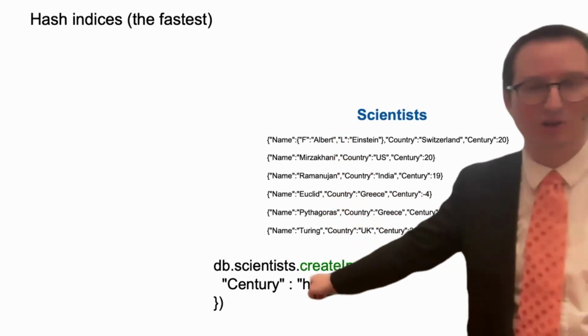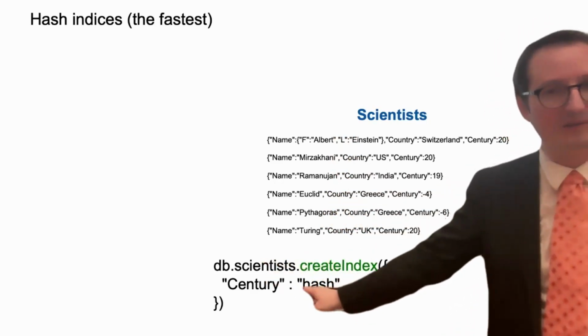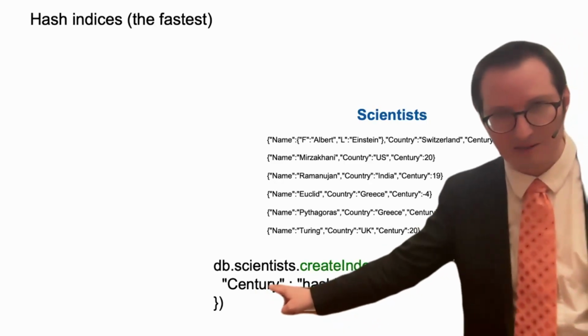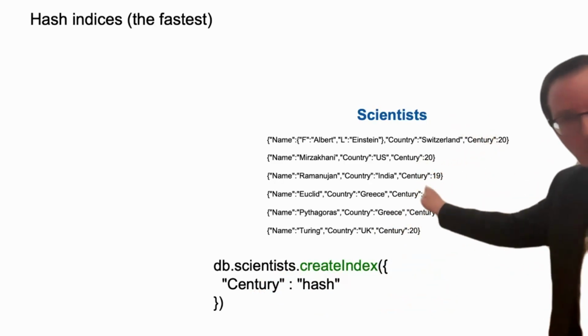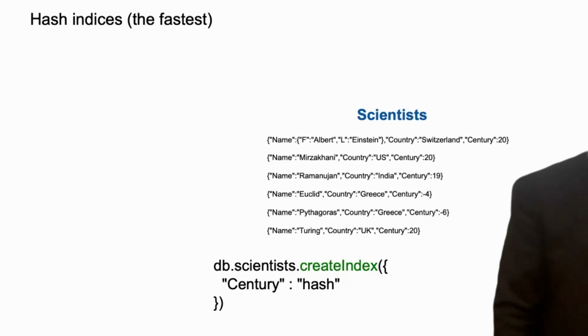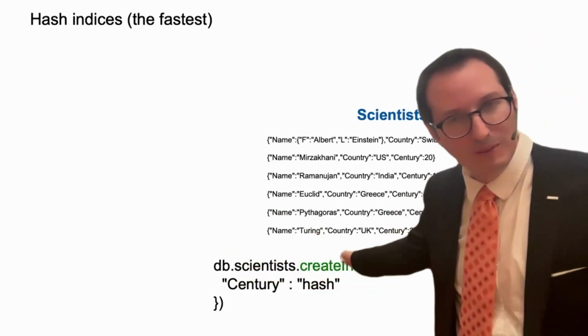So imagine that I want to accelerate. So what I'm saying in JavaScript is db.scientists, that's my collection, createIndex on century, a hash index. And I'm going to show you what a hash index is. But on century, it means that what I want to accelerate is people who look for a specific century have very fast answers. MongoDB takes care of it for you. You just need to ask MongoDB to do it, right?